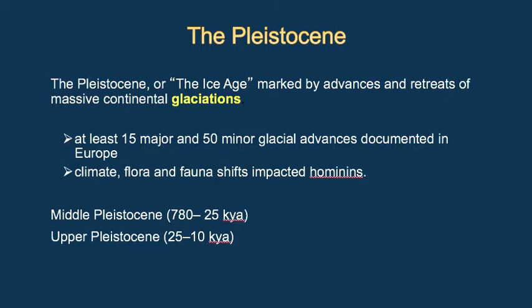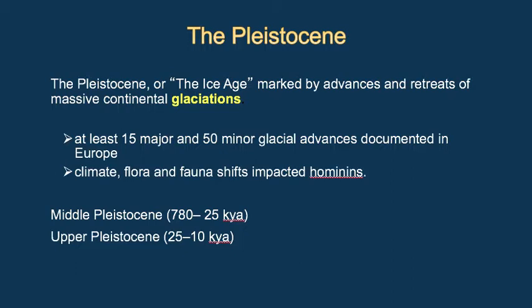Okay, so we've been talking about the Pleistocene. As it says here, the Pleistocene is referred to sometimes as the Ice Age because we have a lot of retreats and advances of massive continental glaciations. During the Pleistocene there were at least 15 major and 50 minor glacial advances that have been documented in Europe.